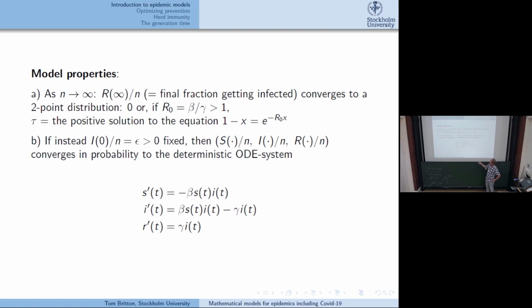So you can skip this if you want, but it says that the fraction of susceptibles decreases at the rate beta times the rate at which susceptibles and infectious meet, and when this happens, they go into the infectious state, and infectious people recover at rate gamma. Okay?